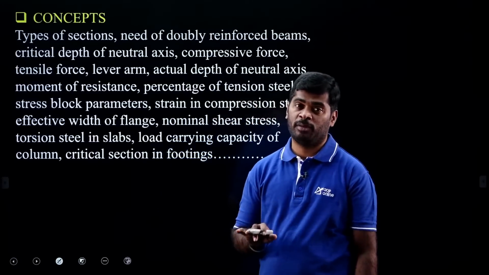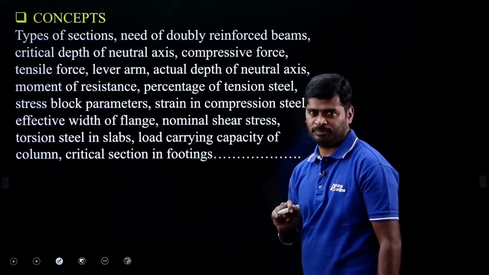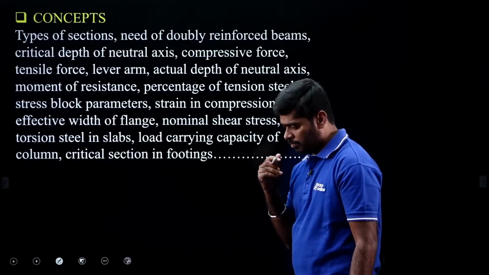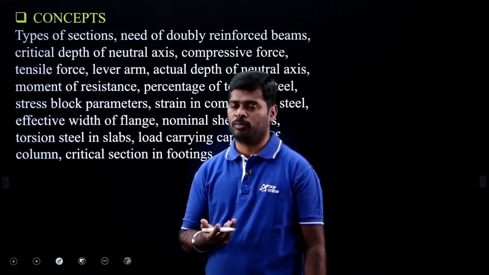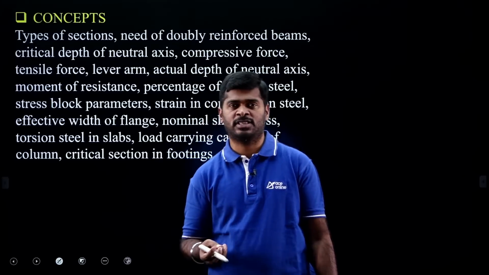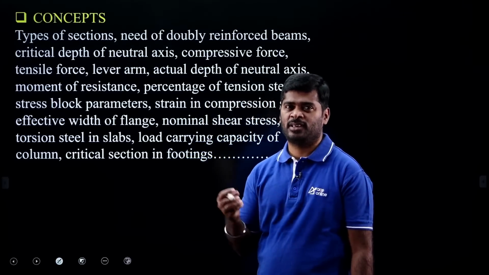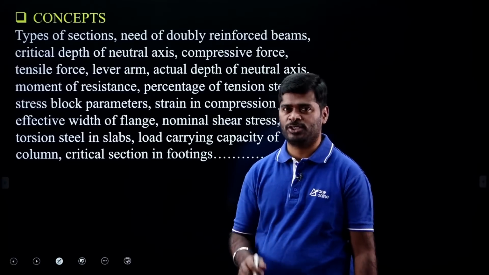Maybe they are going to frame a question based on this also. Yes. Majority of the questions you can get from codal specifications, after that definitions. At the end, based on concepts also, 1 or 2 questions you may expect.